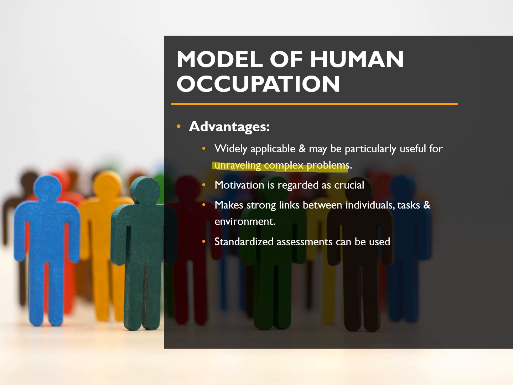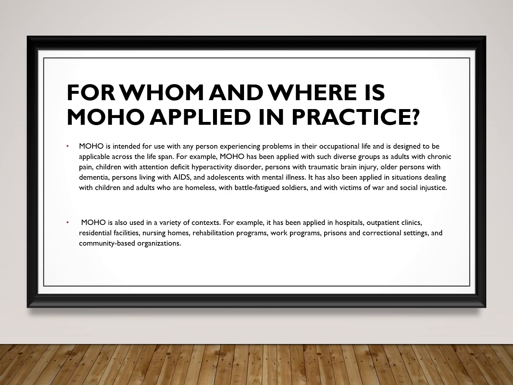And then the other thing is that motivation is regarded as crucial in this model. It makes strong links between individuals, tasks, and environment, and there are standardized assessments that can be used. MOHO is intended for use with any person experiencing problems in their occupational life, and is designed to be applicable across the lifespan.